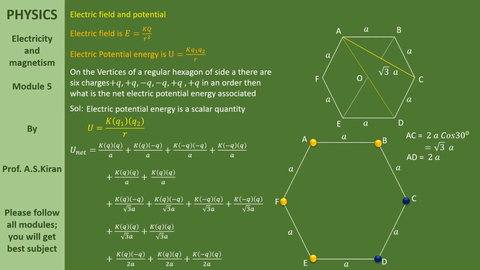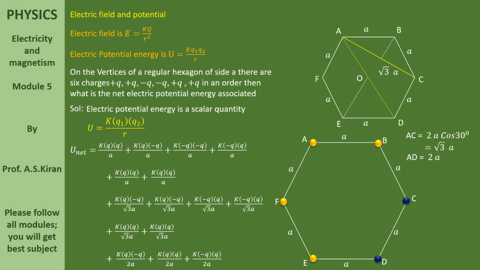There is one more set of pairs. Starting with A, AD is also a pair, isn't it? The pair AB we discussed. The pair AC we discussed. Now we are going to discuss AD. AD is also a pair. Farthest pairs. AD is a pair.